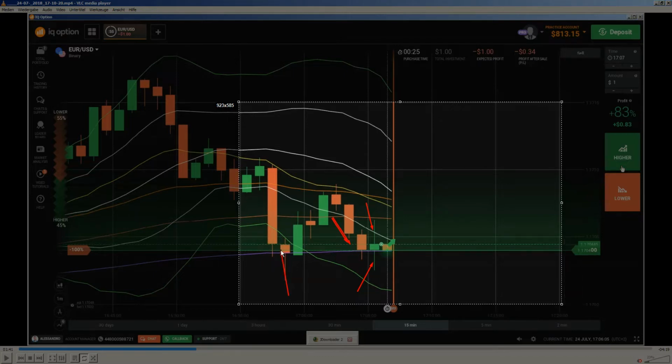You see here, we tested this support level, this 200 EMA, already a few candles ago. That means we get a strong level, and then price gets back to this, and then this indecision candle came up. That is a good sign that price will reverse again.